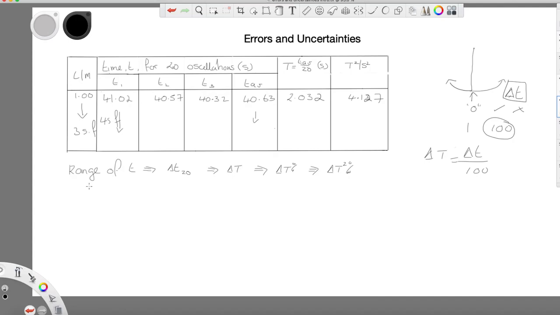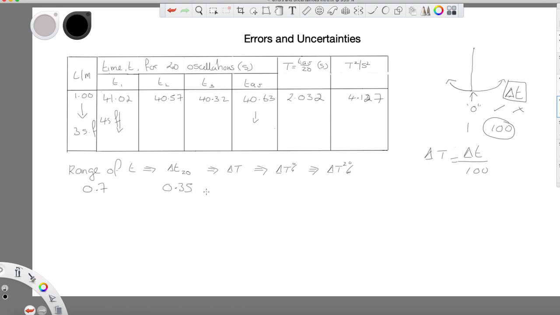So the range of t, well, the biggest value of t I've got is 41.02. My smallest value is 40.32. So my range then is 0.7. So my uncertainty, remember, is half my range. So that's 0.35. So that's 0.35 is the uncertainty in 20 oscillations.